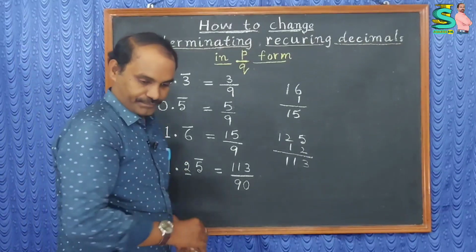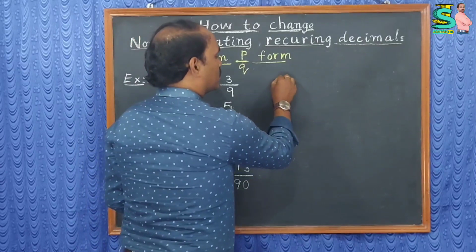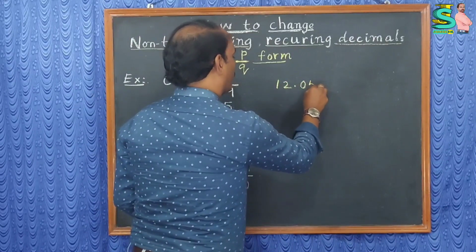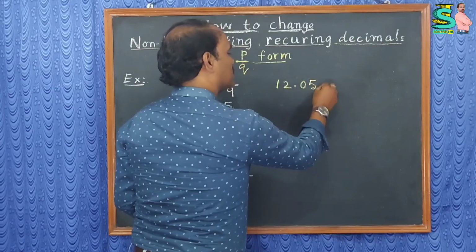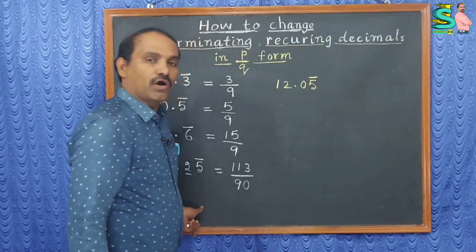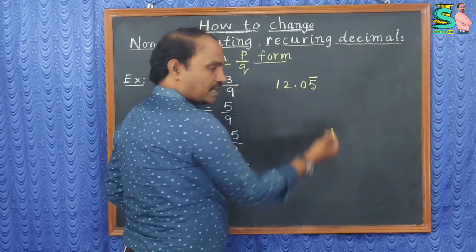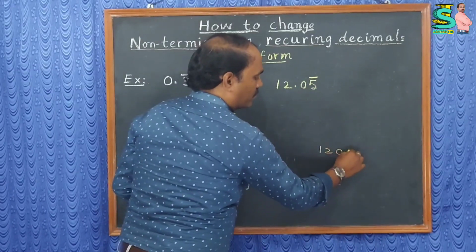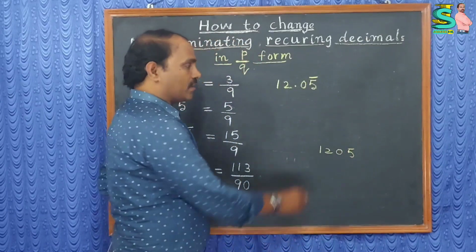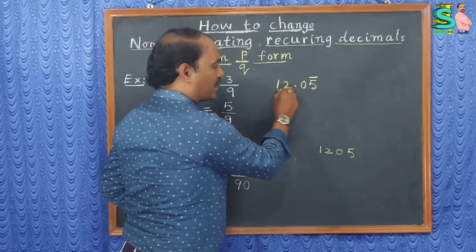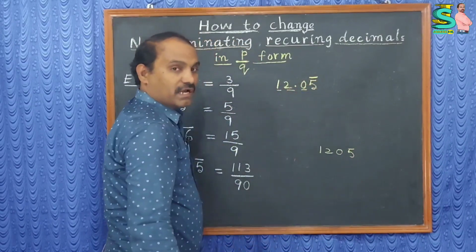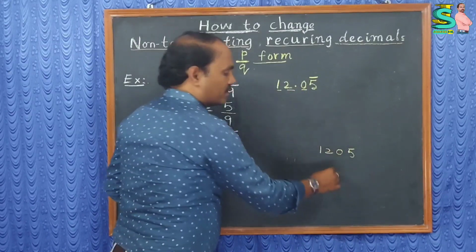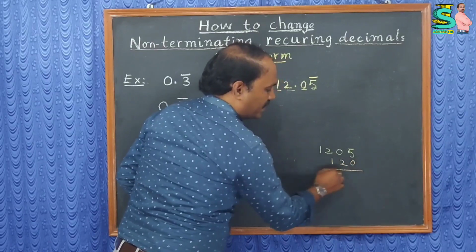Okay. Now 12.05 bar. How can we write this one? Same process. First you should write the number without the bar, 1205, and then subtract the digits which are not under the bar, that is 120.